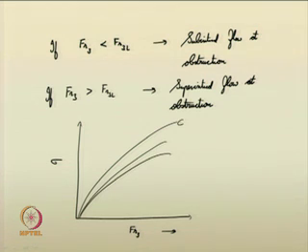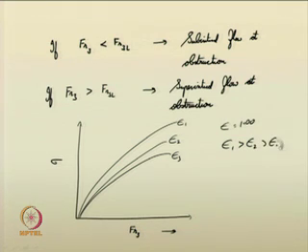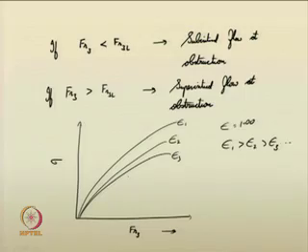Definitely this is for different values of epsilon: epsilon 1 greater than epsilon 2 greater than epsilon 3, like that you can go for various cases. Like that you can plot, and these charts can be used for design purposes further. So, that way one can design obstructions.